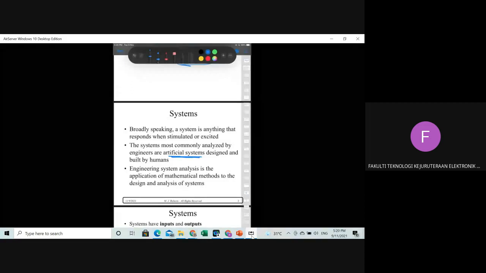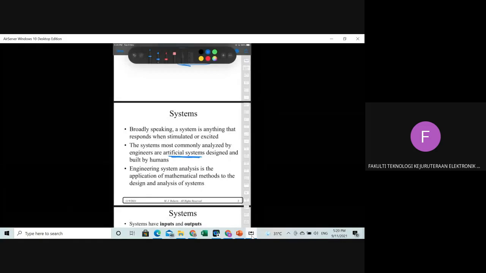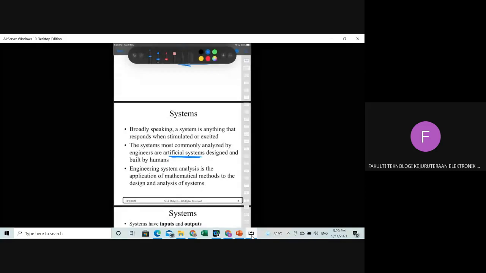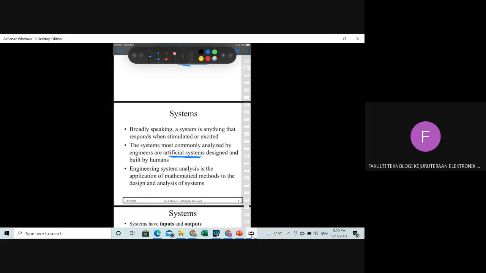Another biological system is our nervous system. Those are examples of biological systems: the respiratory system and the nervous system. Go and check, there are a lot more.